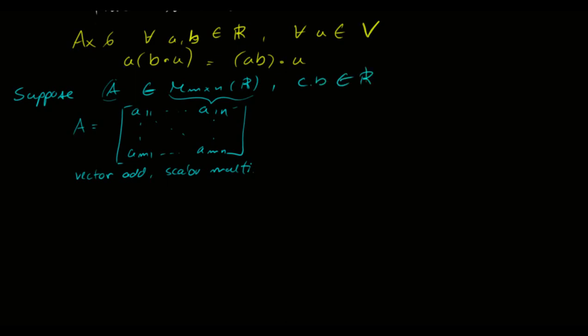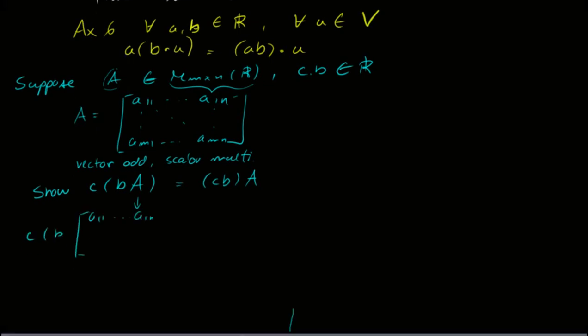So what you want to show is that if you take c times b A, then that will equal cb times A. So how you're going to go about proving this is you're going to expand this as what it really is.